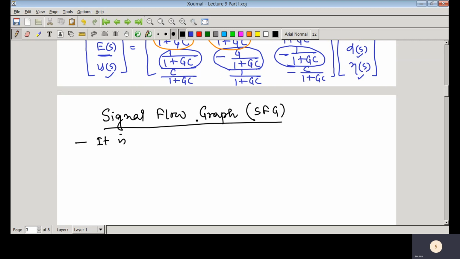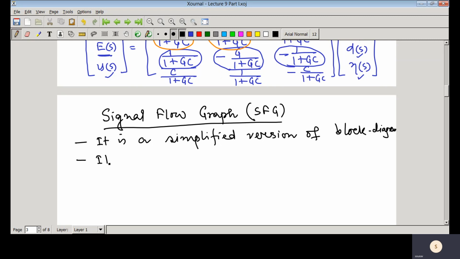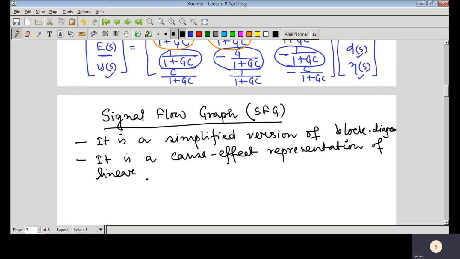It is a simplified version of the block diagram that we have already discussed, and it is a cause-effect representation of linear systems.